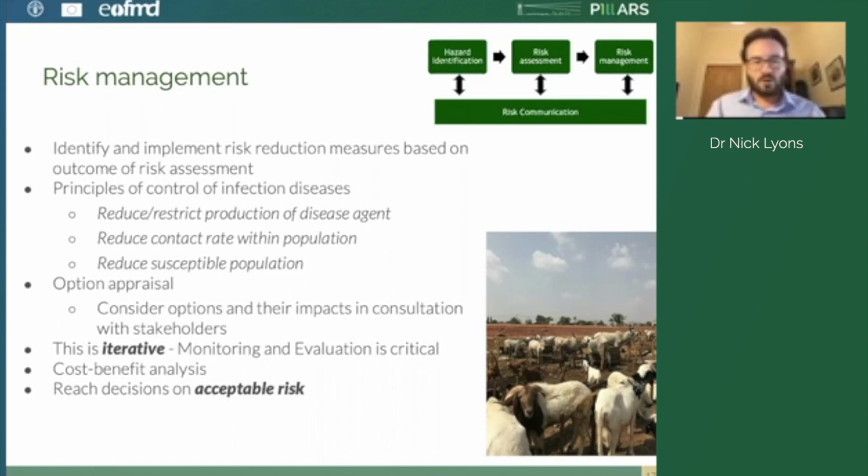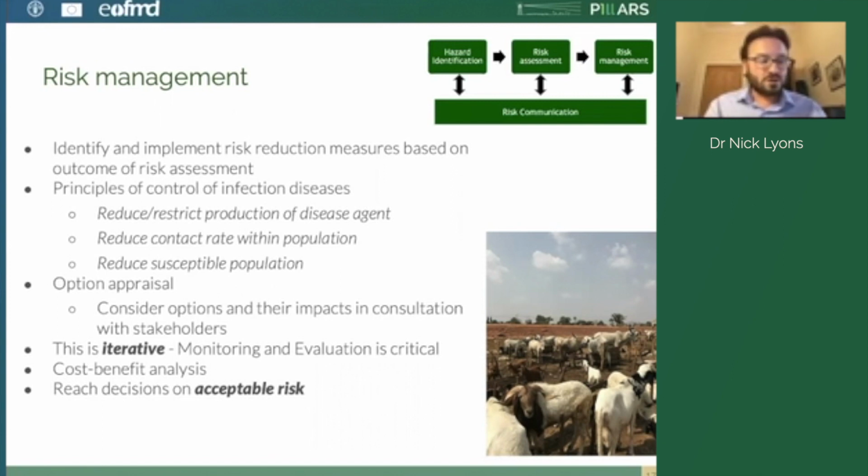So once you come up with these different options, you then have to appraise them, and it's essential to have consultation with your stakeholders here. Now, this whole process is iterative. So you might come up with risk management strategies, but then you monitor them and you evaluate them to see if it's actually working, and then you adapt them if they're not working.